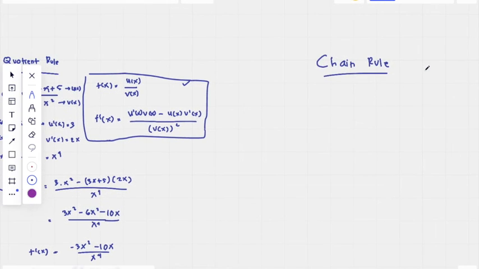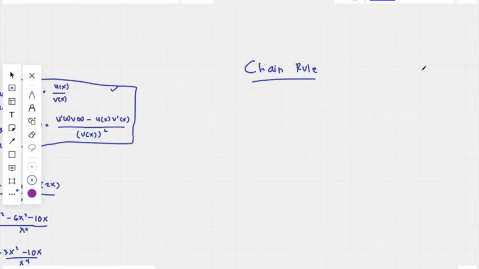We use the chain rule to find the derivative of a function if you have a function inside a function. For example, like f(x), if you have a function f(x), which is g(x), for example, to the power of n. So we have a function g(x) inside the function something to the power of n.